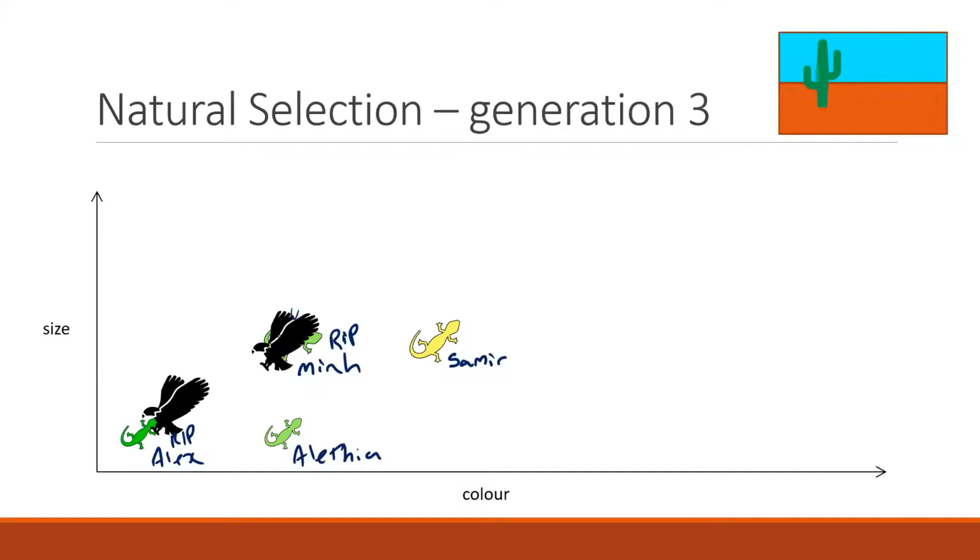Because Min gets eaten, his genes disappear. But Alethea also has those genes, so they're not completely lost. Samir has brand new genes, so he can add those to the gene pool.